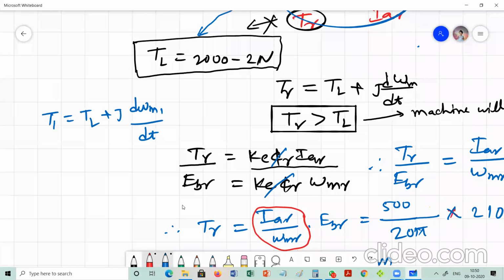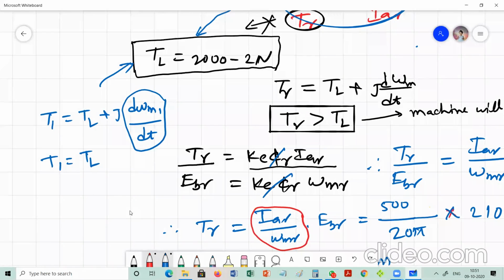But the speed is constant, means the derivative of a constant will be 0. So in this case T1 is equal to TL. So we can use the equation of this load torque. To calculate rated torque we can't use it, because the rated torque is always greater than the load torque.